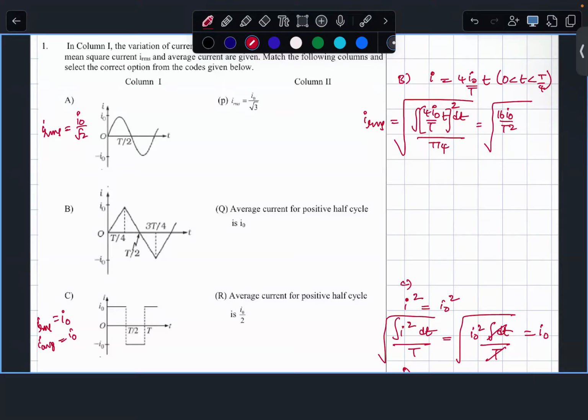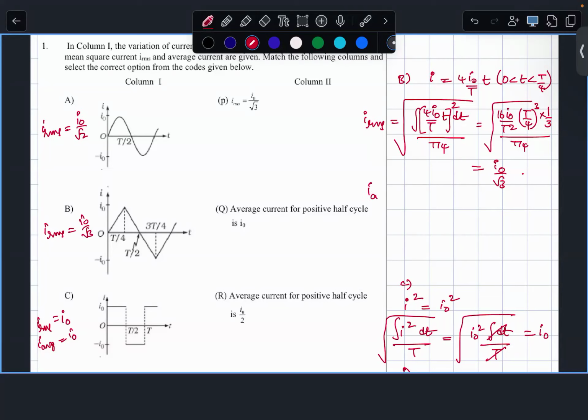By proper substitution, T by 4 cube times 1 by 3 divided by T by 4. Finally, this is I naught by root 3. So therefore, for B, I RMS is equal to I naught by root 3.